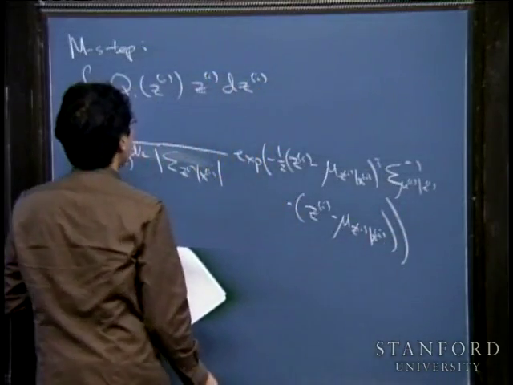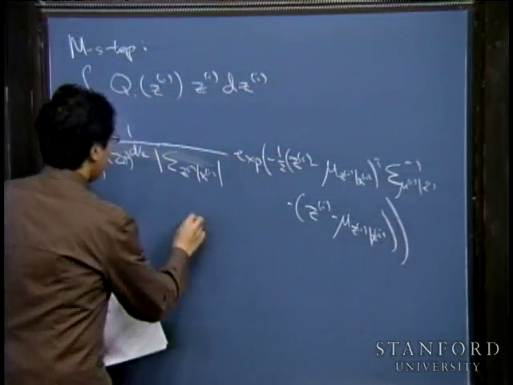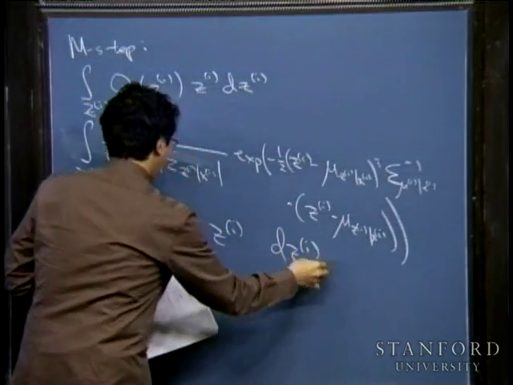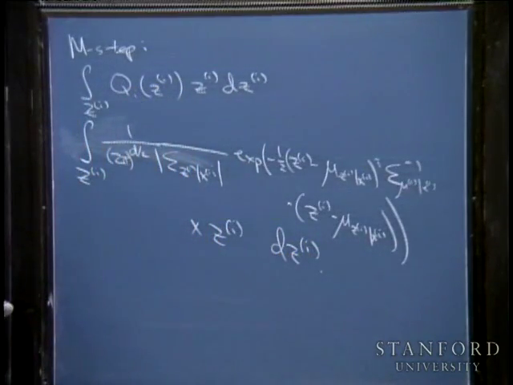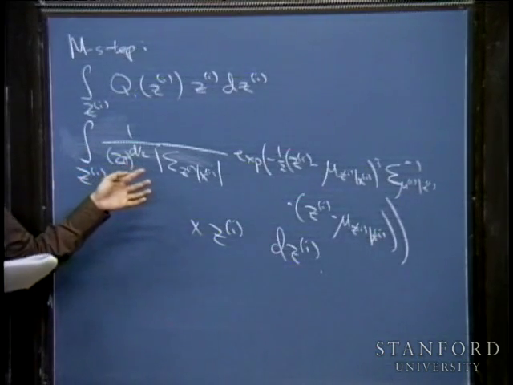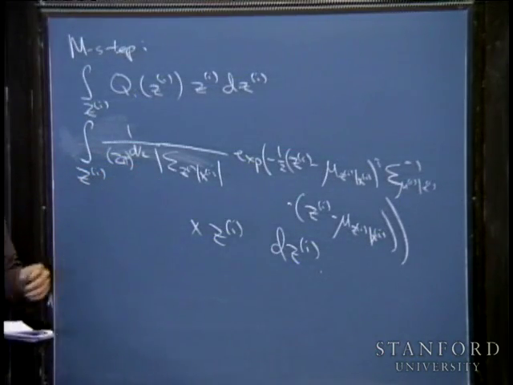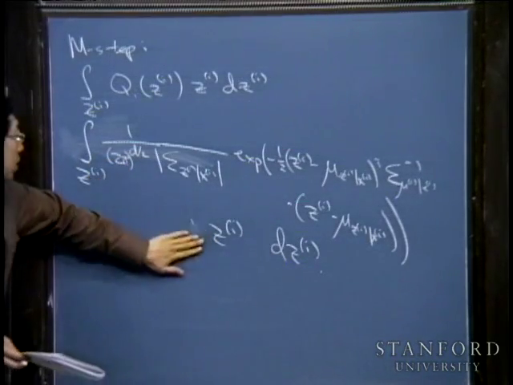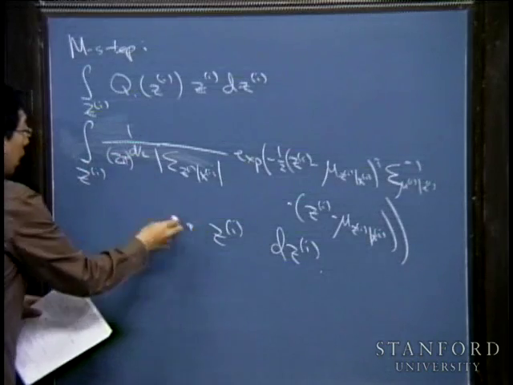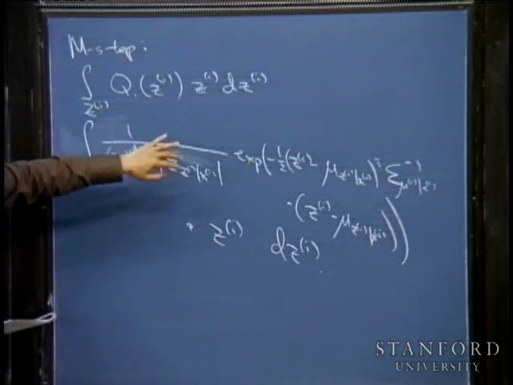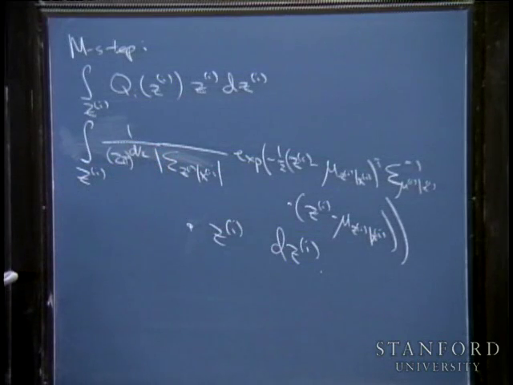So that's my Gaussian density, and then times Zi dZi. Okay? And so writing this out is the unnecessarily complicated way to do it, because if you actually want to evaluate this integral, it just looks horribly complicated. I'm not quite sure how to evaluate this.